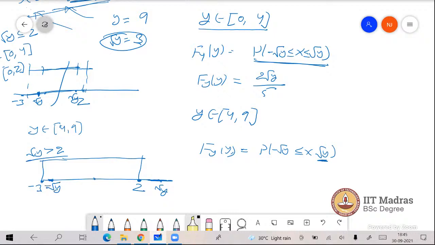But I have to take care of this part. I cannot include it because the probability here is 0. So I will restrict the upper limit to 2 only, up to this point. Lower limit I have no problem with. So what is the length of this thing now?